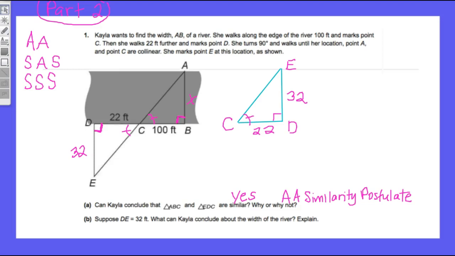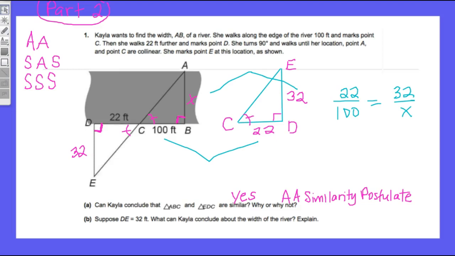Or write it on your paper too. There you go, 22 over 100. That would work because that would match those up. And 32 over X. Yes, we could do 22 over 100 equals 32 over X. That would be one possible way to write that. That works.